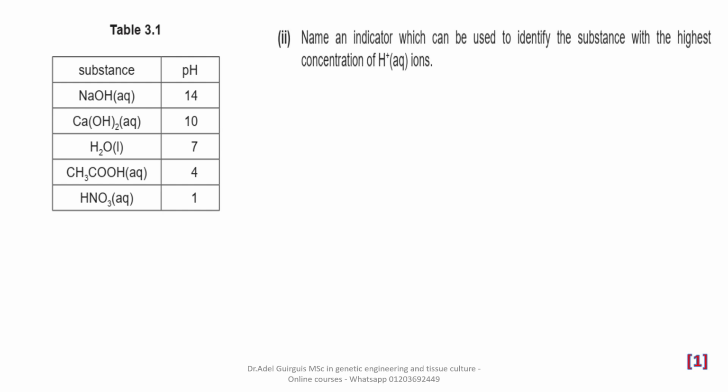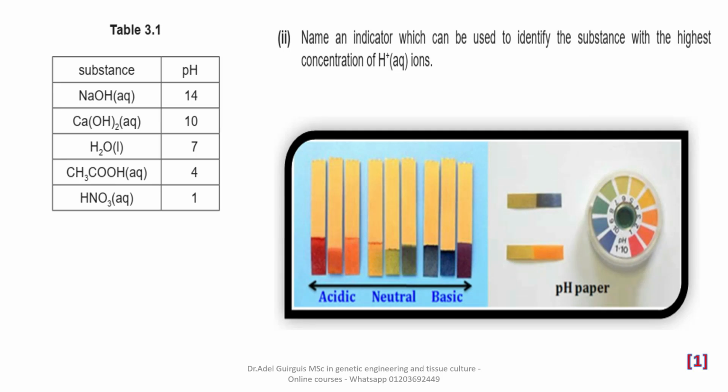Name an indicator which can be used to identify the substance with the highest concentration of protons, H+ ions. We use universal indicator. Universal indicator paper can be used to determine the precise pH value of a solution. Look at the acidic medium. Here 3 different pHs with 3 different colors.